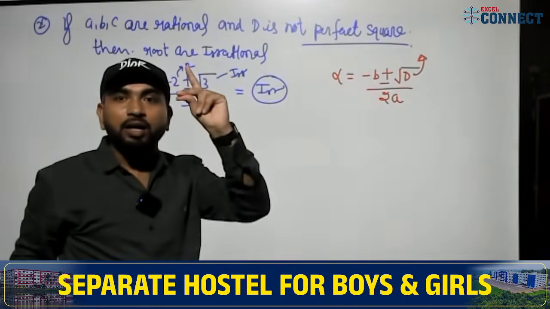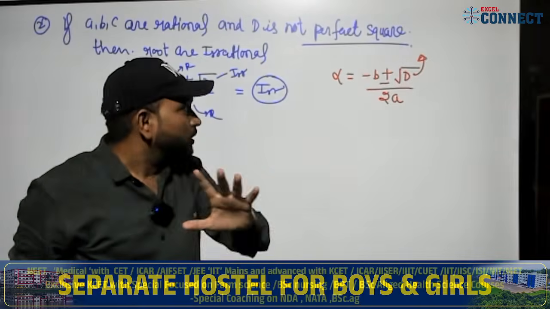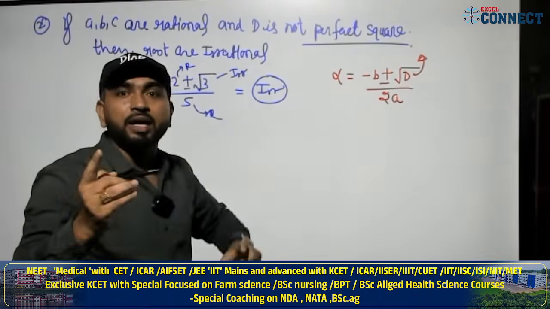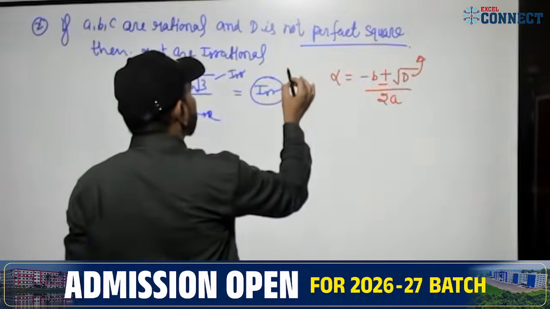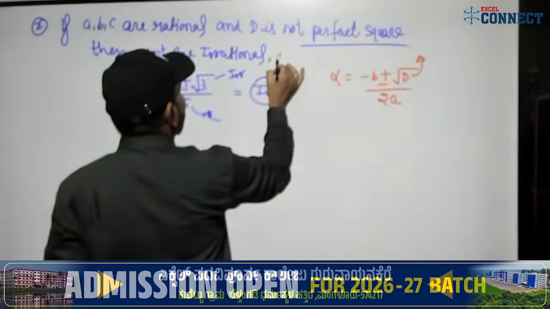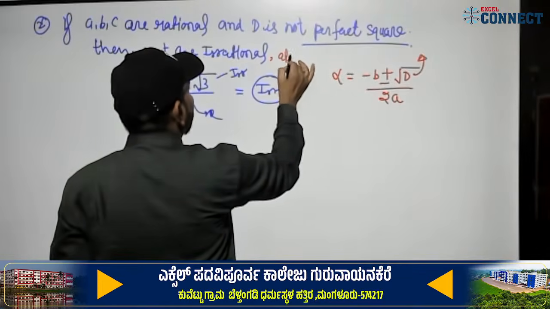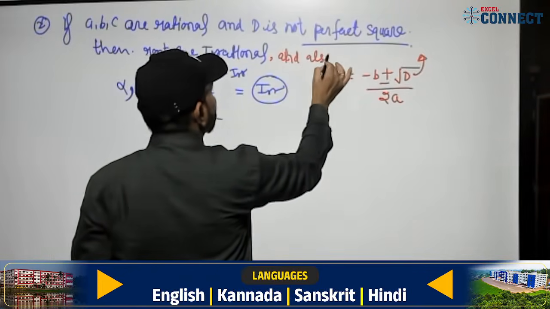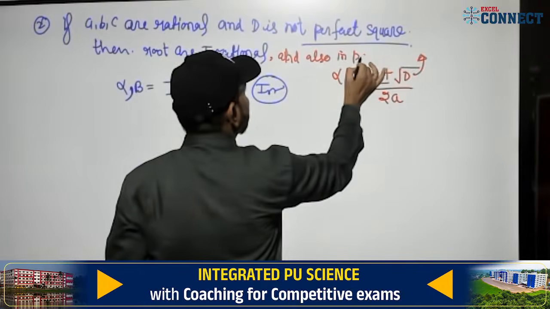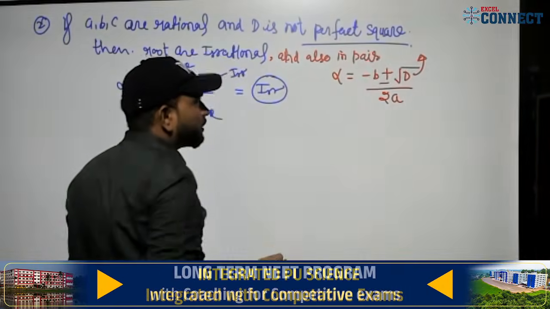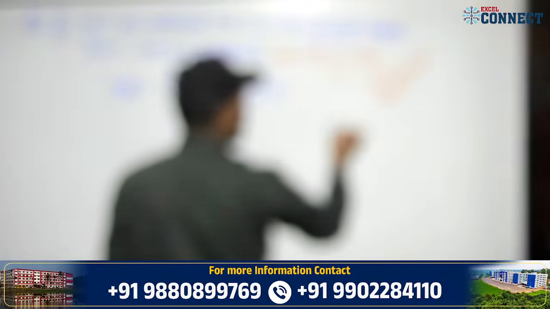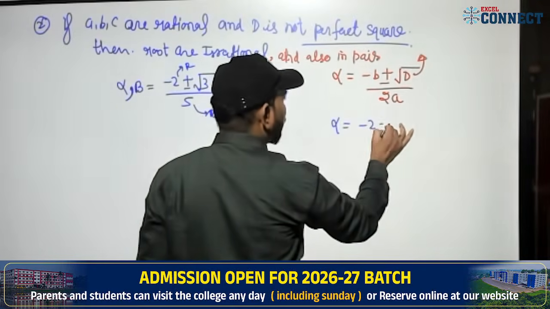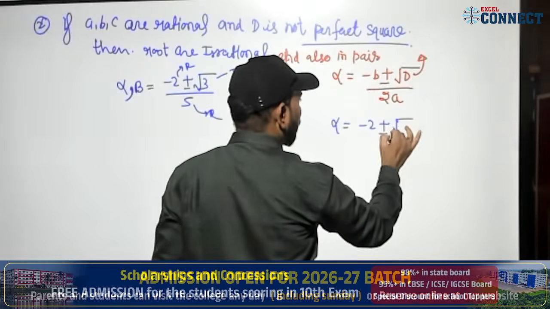But one interesting thing is that this root always comes in a pair. Why a pair? See here, one example: minus 2 plus minus root 5 by 2.